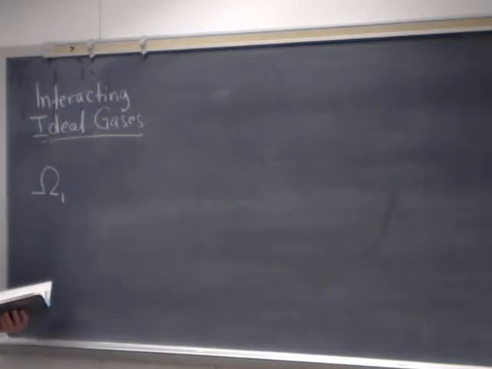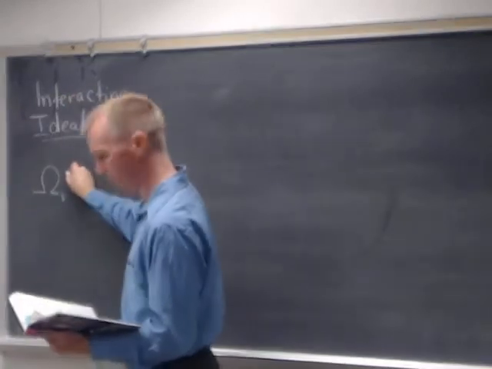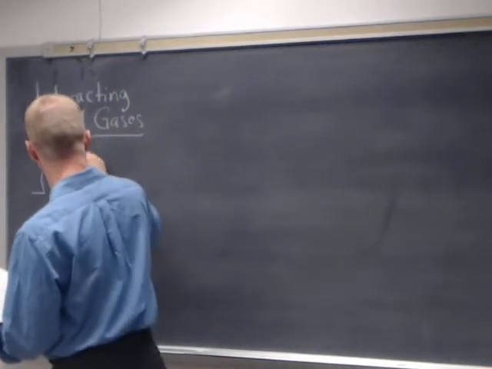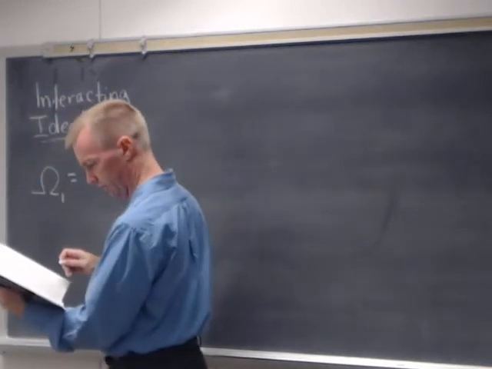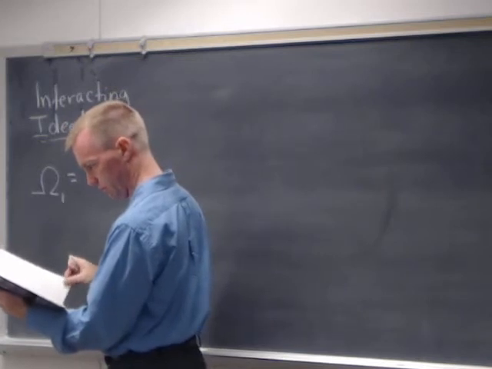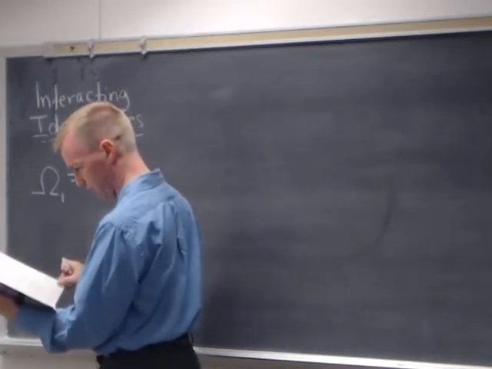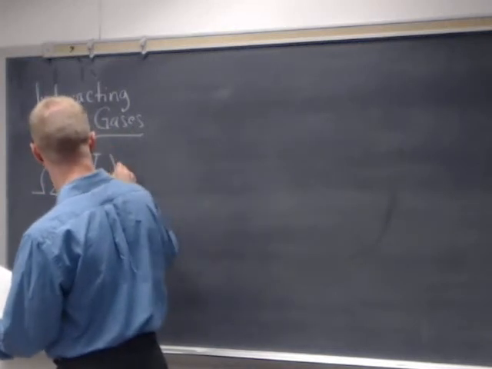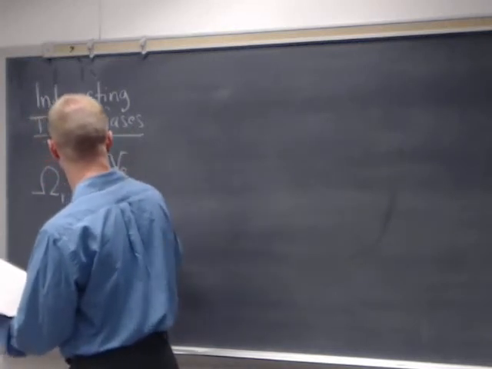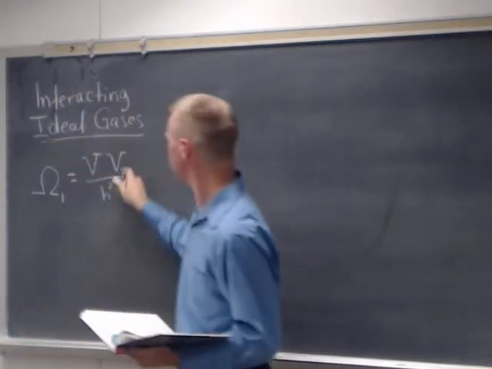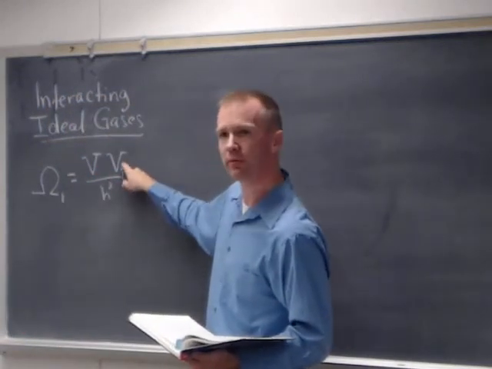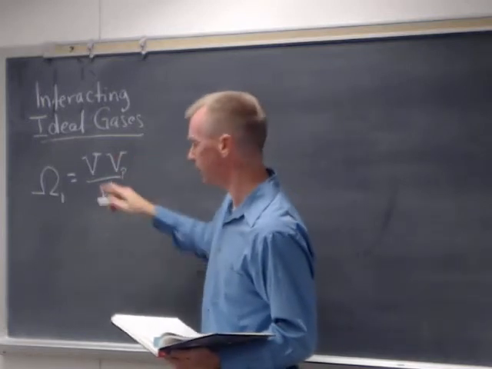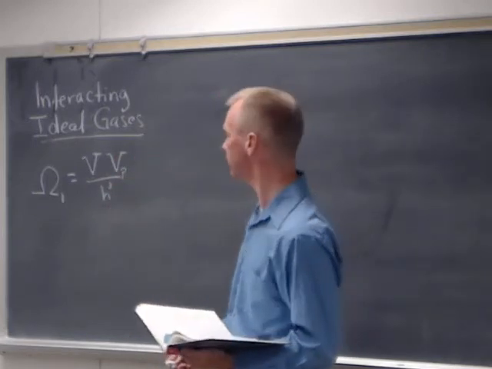If we have just one particle, the multiplicity formula is pretty simple. Where this is the volume, that's the volume of the momentum space, and then h cubed is Planck's constant cubed.